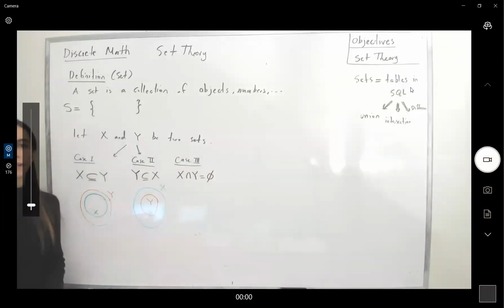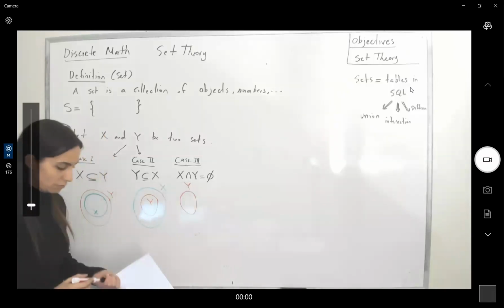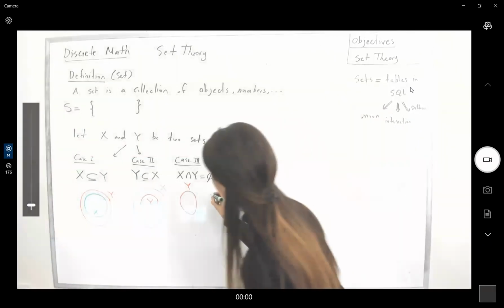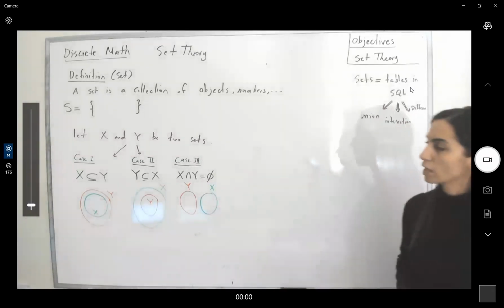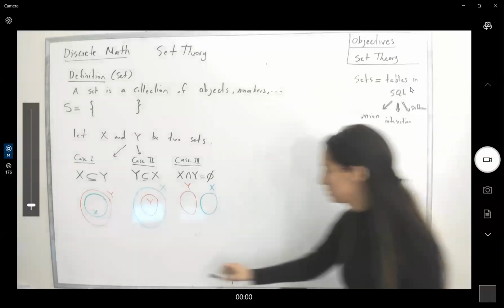In this case, they have no relation. Y is here, X is here. They might have some intersection somewhere.